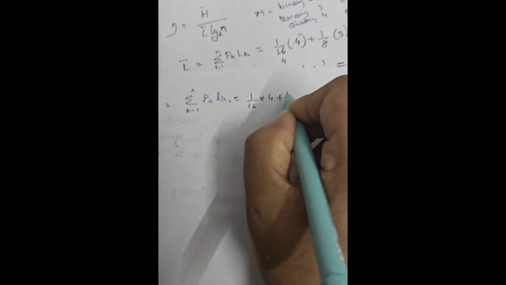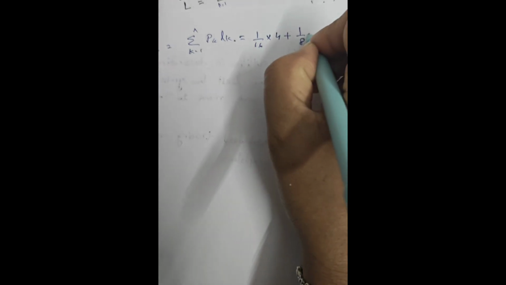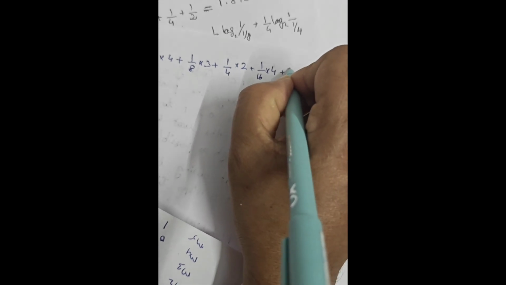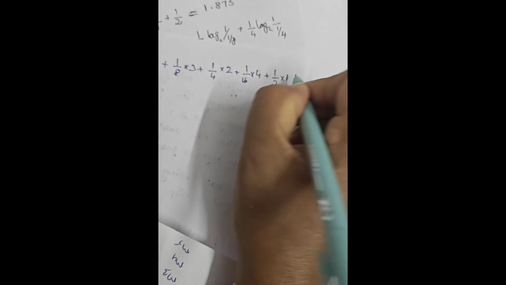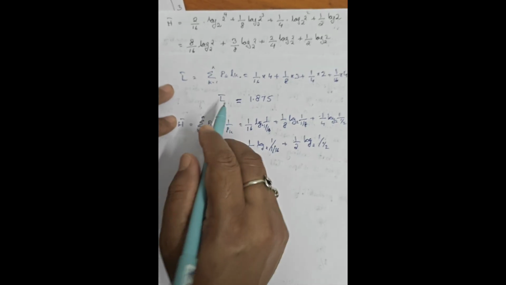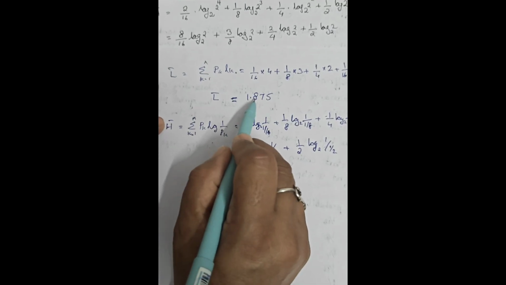M2, what is the probability? 1 by 8 into code word length 3, plus M3, it will be 1 by 4 into code word length 2, plus M4, again it is 1 by 16 into 4, plus M5, it will be 1 by 2 into 1. Let us calculate the average code word length, L bar. So our L bar will be equal to 1.875.